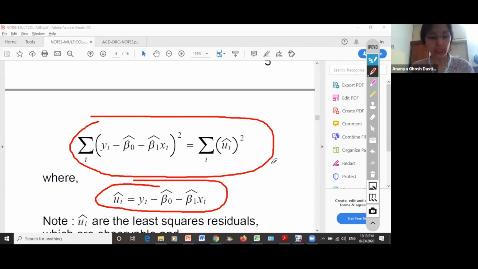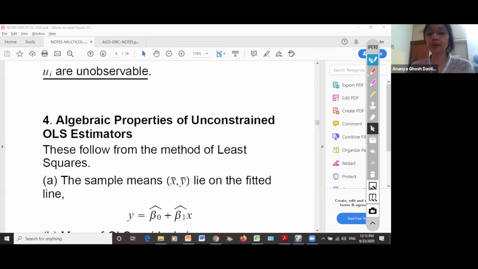So starting from there, as we carry on, the OLS estimators have certain properties, and those properties we can actually classify into algebraic properties and statistical properties. So I have talked about the algebraic properties at length, and these are simply listed over here.